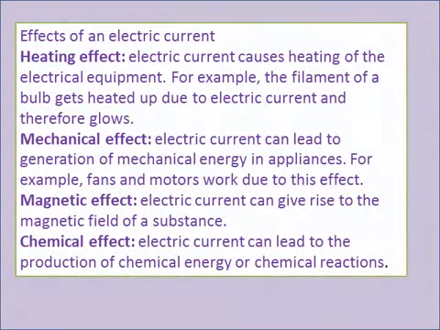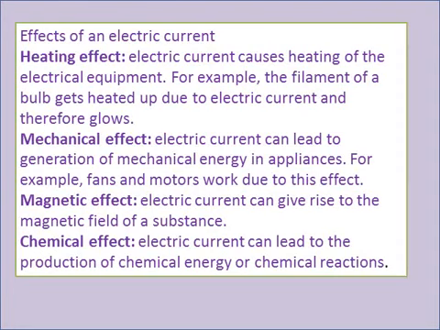Children, now we will pass on to the various effects of an electric current. The various effects of electric current can be classified into four: heating effect, mechanical effect, magnetic effect, and chemical effect. So let us see what is it one by one. Heating effect. Electric current causes heating of the electric equipment.